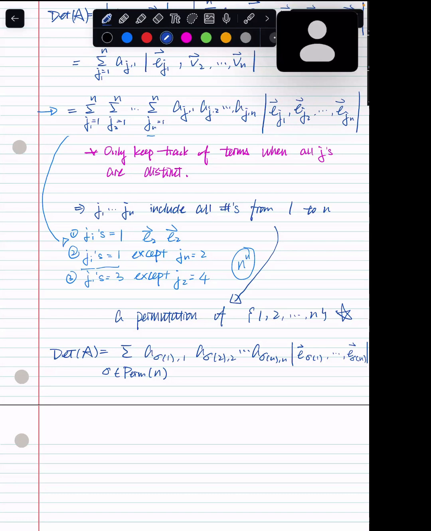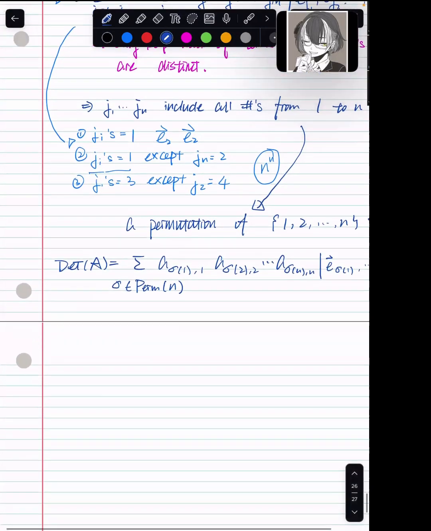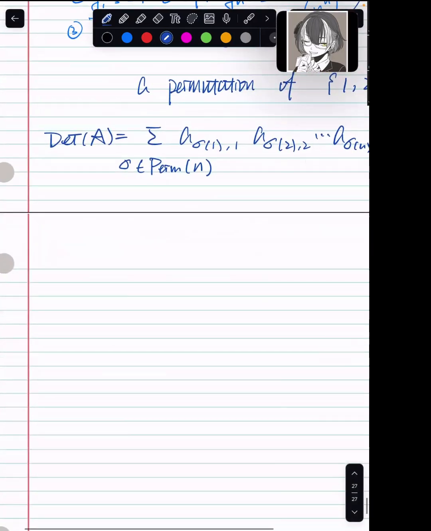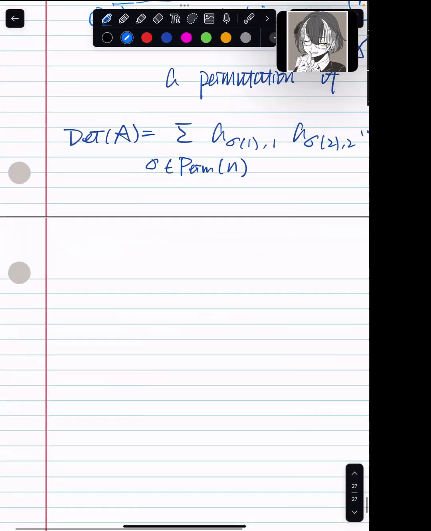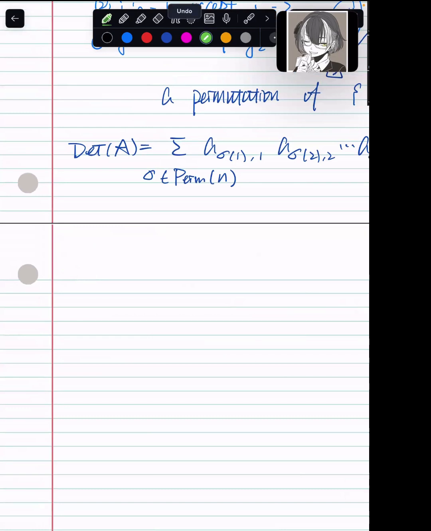But before that, we still need to introduce something. So you already know the permutation. It's another number. So we introduce some definitions.